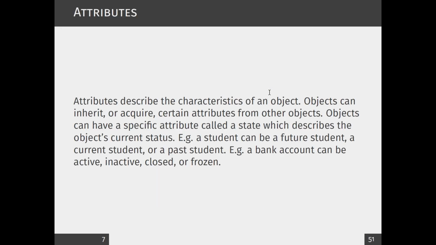Right. Now let's look at the attributes. When you want to describe an object, we use attributes. Sometimes these attributes come from inheriting, for example, from parent to child object, and you can acquire them.